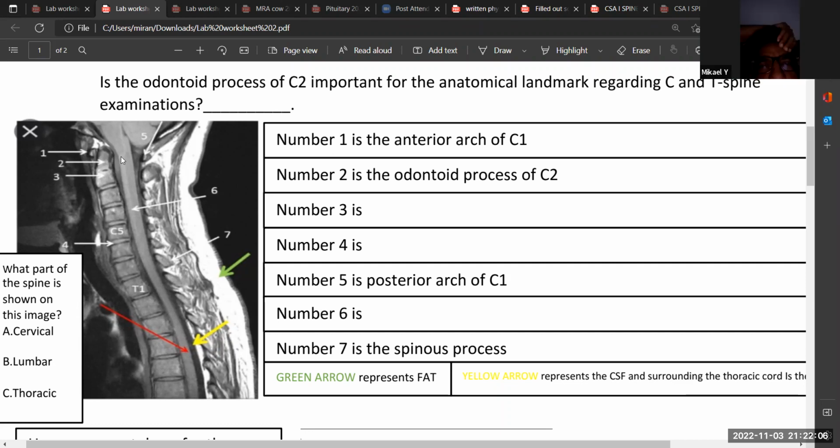And then this is our odontoid process, which is part of C2. And this is C2 as well. Did I say C3 a minute ago? Tell me if I did. I'm questioning myself. Yeah, C2. All right, and you guys know all of this.